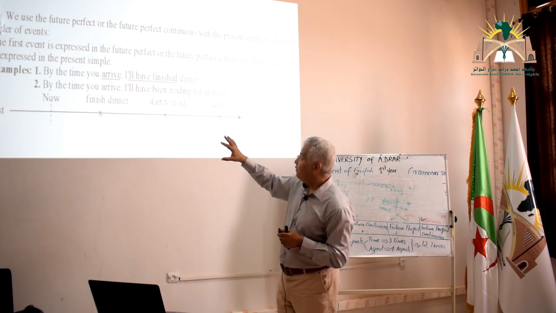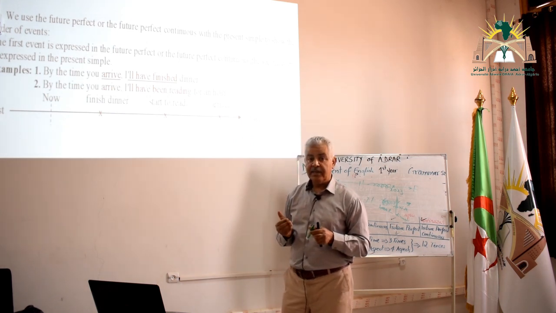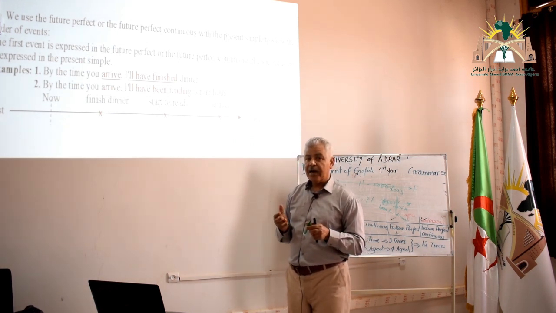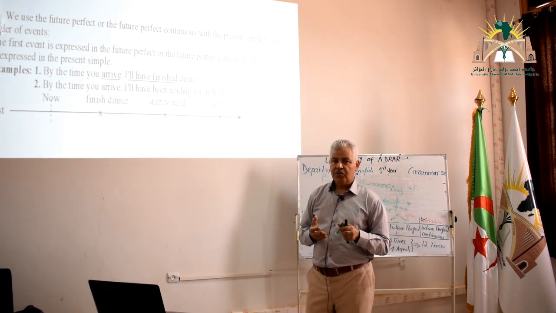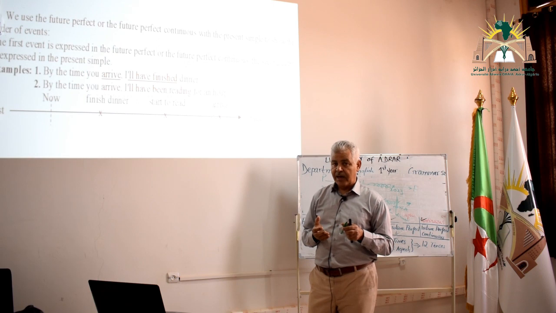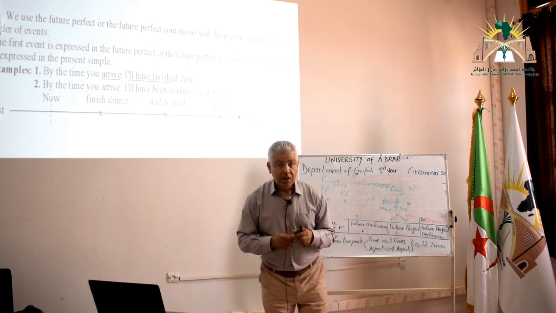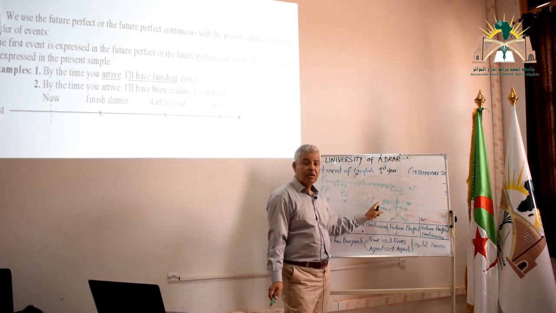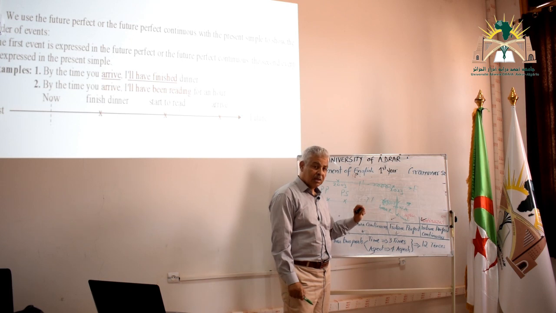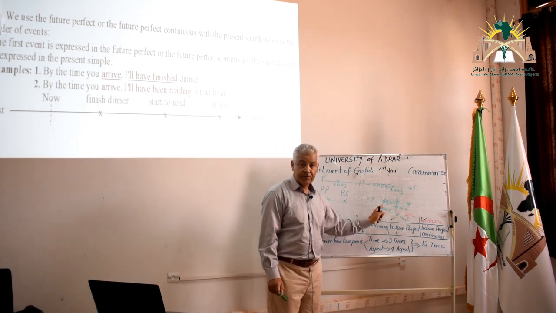So the future perfect or future perfect continuous is used combined with the present simple when the order is important, the order of the actions that will happen in the future. We use the present simple to express the action that happens second, and the future perfect or future perfect continuous to express the action that will happen first in the future.